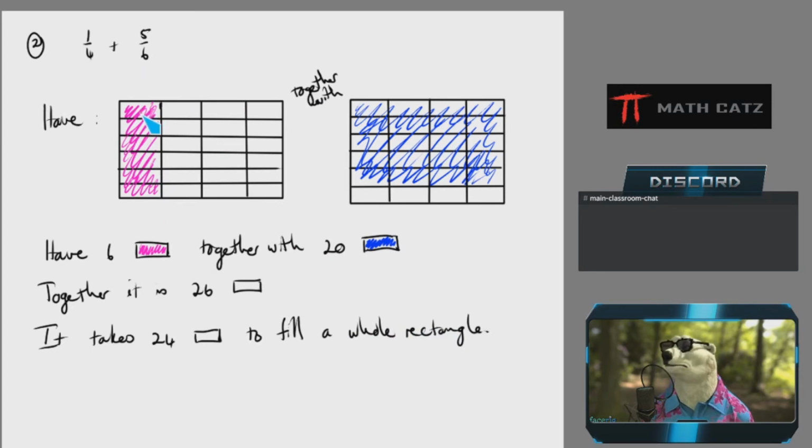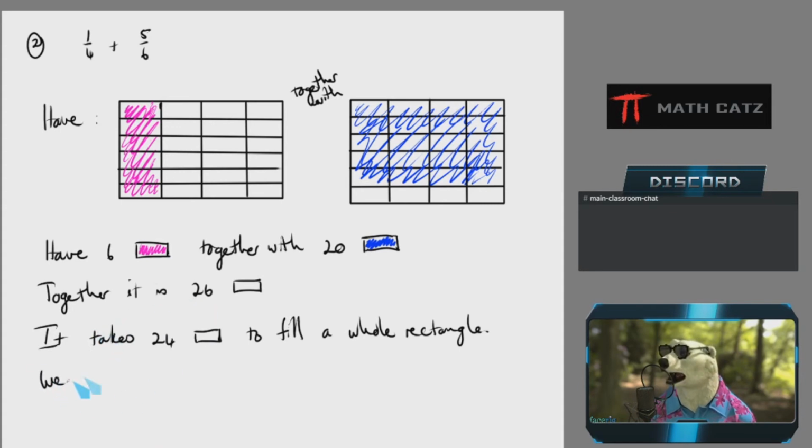As annoying as it might be for you, Timmy might need you to count them one by one, to draw another rectangle where I don't see any color. All those things you might need to do. Regardless, you get to 24. So that'll be my new denominator. And I have 26.